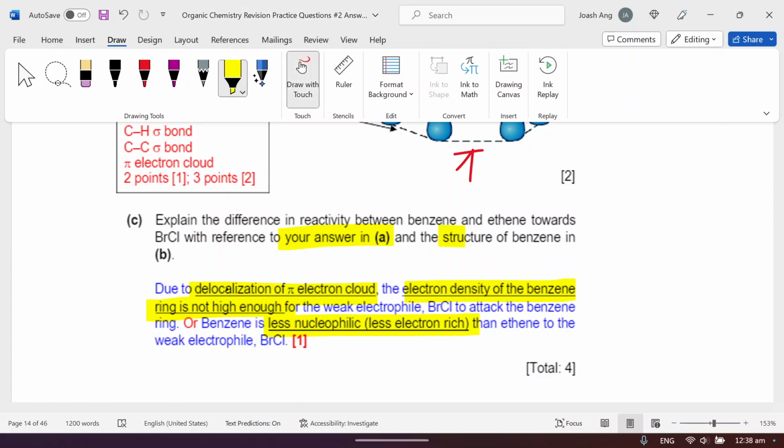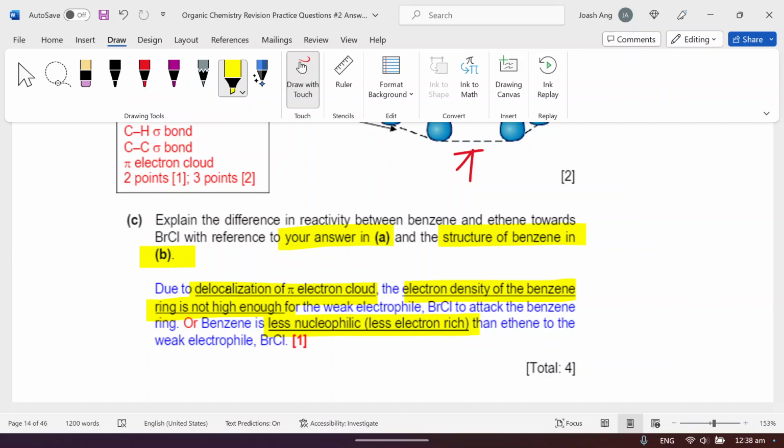So are you using your answer in A and your answer in B? Remember, in answer A, we are not using a catalyst. For the benzene ring to undergo electrophilic substitution, it needs harsher conditions, which is the catalyst, to generate the stronger electrophile. Because I don't have a catalyst, and alkenes are also nucleophilic, the alkene can actually attack the electrophile.